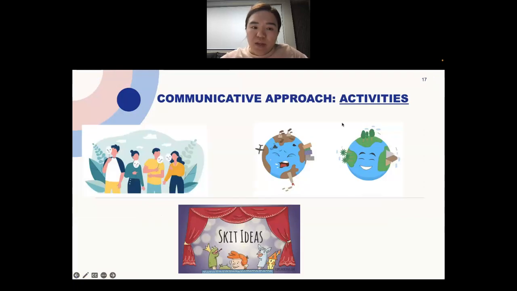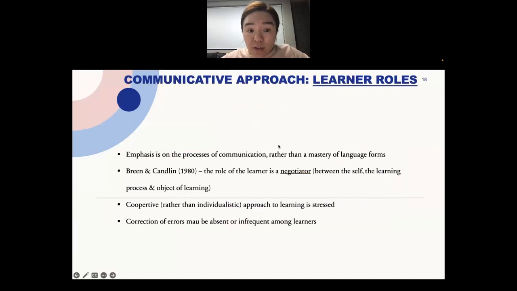Then, for example, role playing, then comparing two sets of pictures, then also skit ideas. Then let's discuss learner roles here. In the communicative approach, the emphasis is on the process of communication rather than mastery of language forms.